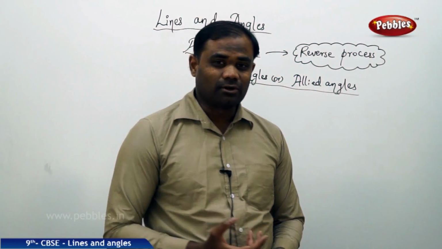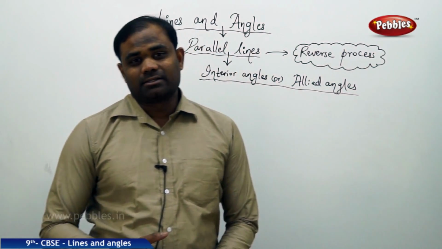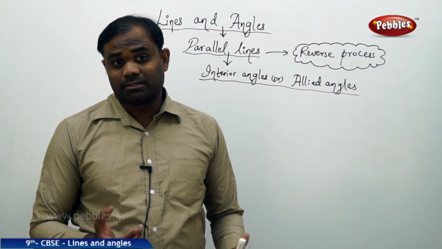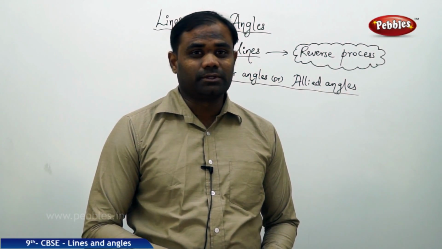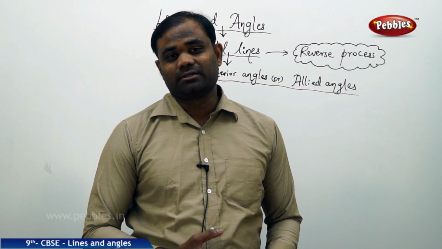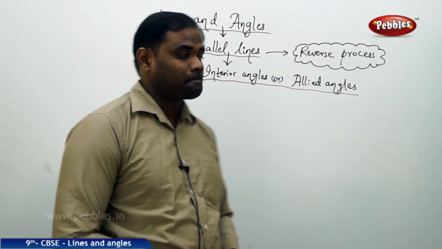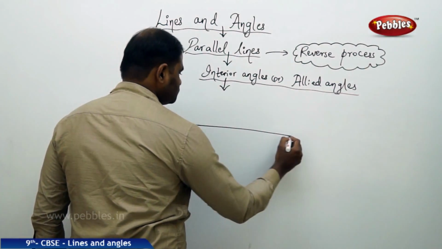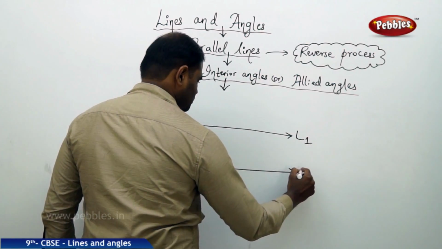Now comes the question of reverse process. If the interior angles sum up to supplementary, or sum up to 180, will the lines L1 and L2 be parallel? This is the biggest question out here. So let's investigate interior angles connected with parallelity. Let's take two lines, L1 and L2.